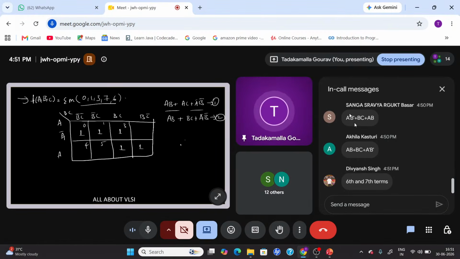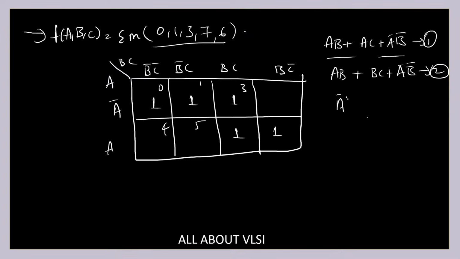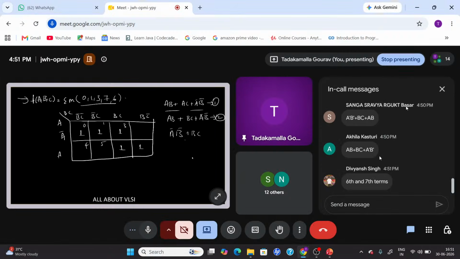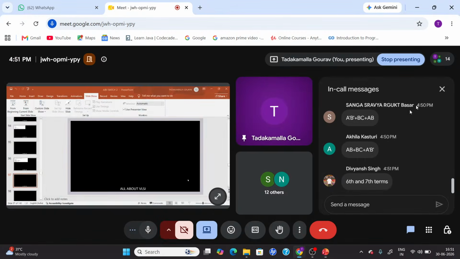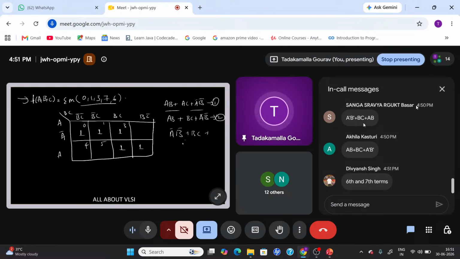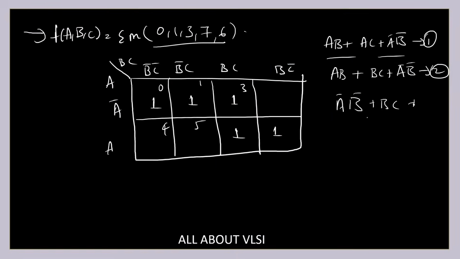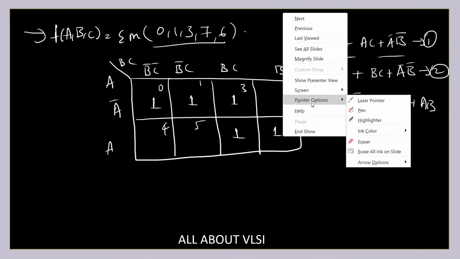And one third answer I got is A bar B bar plus BC plus AB. Okay, let's see. Okay, I found it.